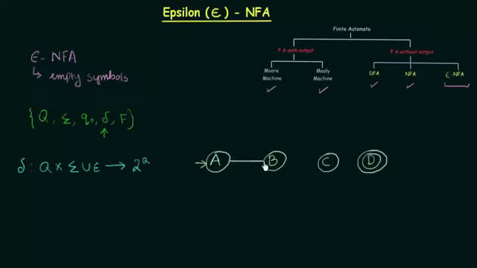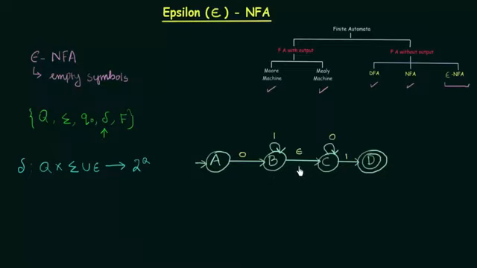A goes to B on getting input 0, and B goes to itself on getting input 1, and B goes to C on getting the input epsilon, and C goes to D on getting the input 1, and on getting input 0, C stays in itself. Alright, so this is an epsilon NFA.